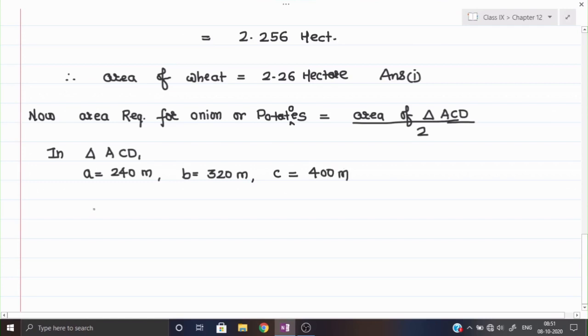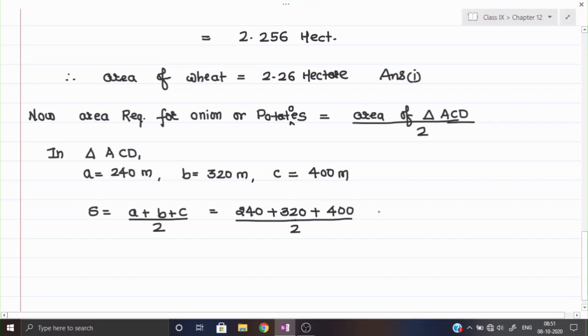Let us find out the semi-perimeter here. Semi-perimeter is equal to A plus B plus C divided by 2. So that will be 240 plus 320 plus 400 whole divided by 2.